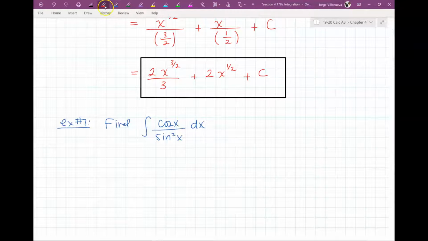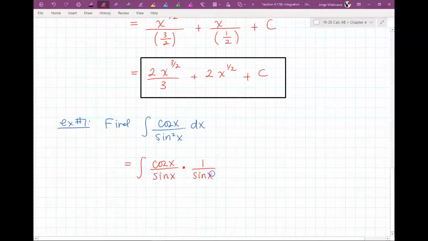So yes, you do have to remember that stuff, right? I noticed that there's two sines on the bottom, sine squared x. So I'm going to write it like this: cosine of x over sine of x times 1 over sine of x dx. You guys okay with that? I just split it apart.